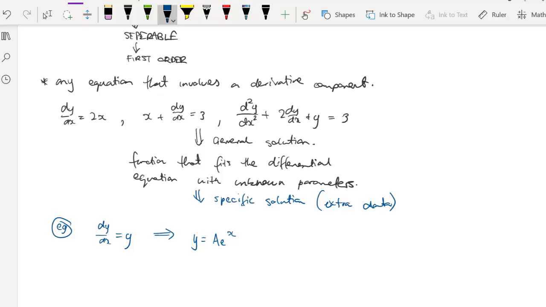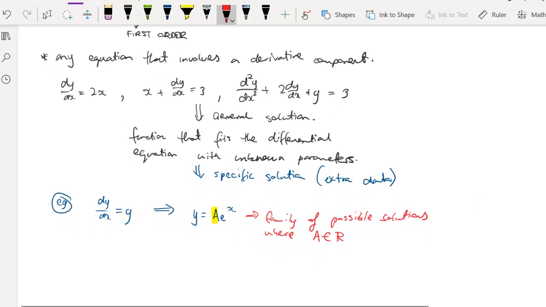What makes this a general solution, not a specific solution, is the fact that we have this parameter a that is unknown. It could be any value. So I guess that general solution represents a family of possible solutions where a is any real number, and any one of these possible solutions could be a specific solution based on that extra piece of information that is given.